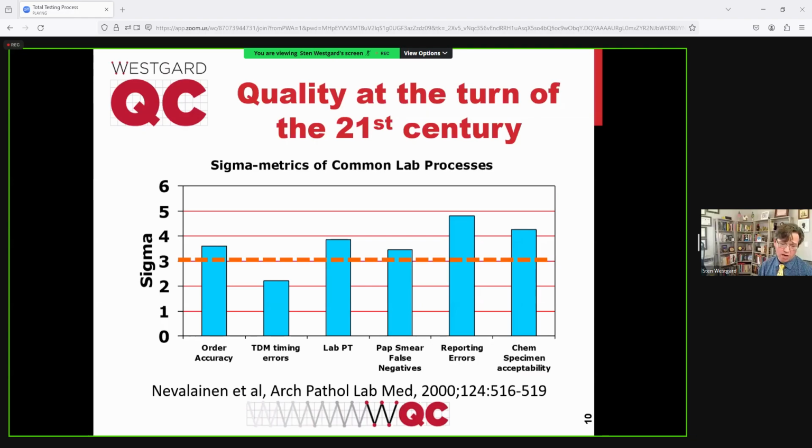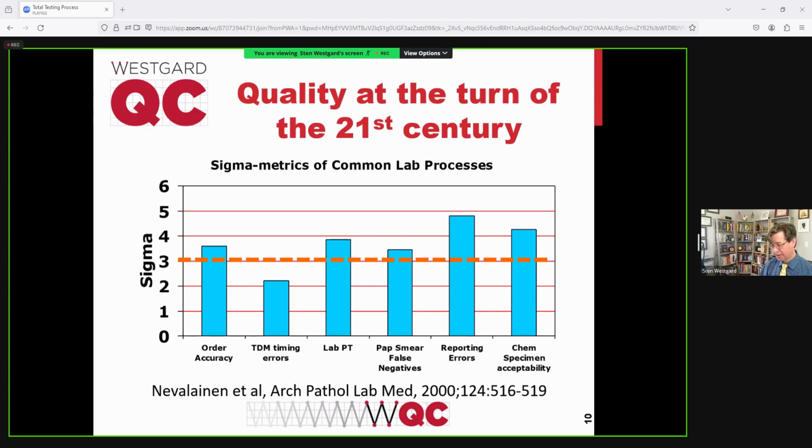Therapeutic drug monitoring was below 3 sigma. Proficiency testing was about 3.9. The best number that came out was almost 5, and that was the ability to report the correct results. But there were no Six Sigma processes when Nevalainen did his study in the year 2000.